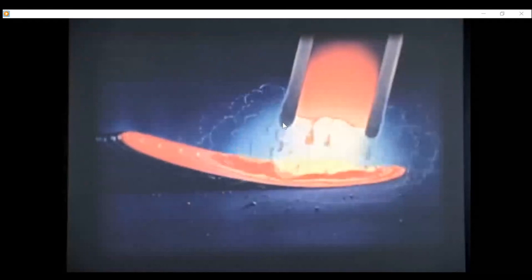You see, this is the gas created. Why is gas created from the flux? The flux is evaporated, while the core will be melted and deposited. This gas surrounding is very important to protect the weld from further chemical reaction during the process.